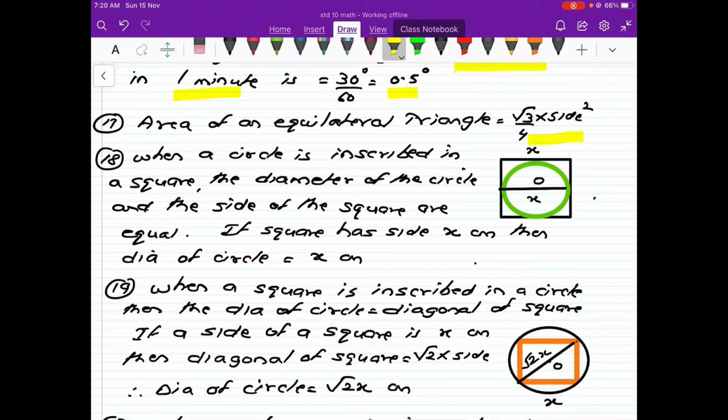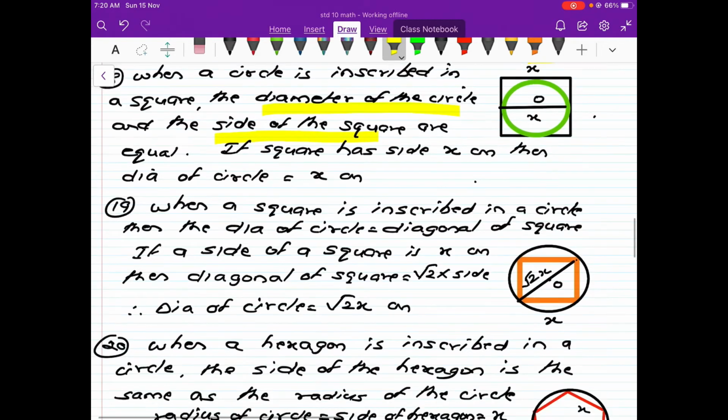Next, when a circle is inscribed in a square, the diameter of the circle is equal to the side of the square. So we can see here x is the side of the square and the same is the diameter of the circle which is inscribed inside it. Both are the same.